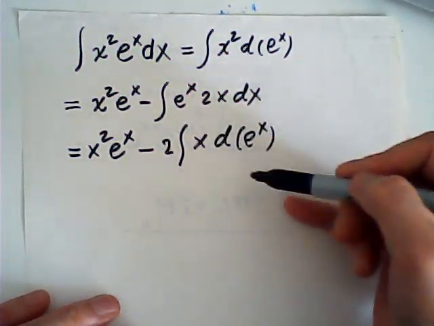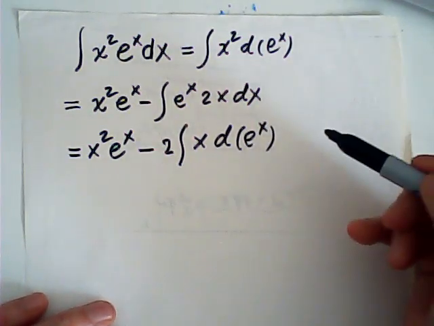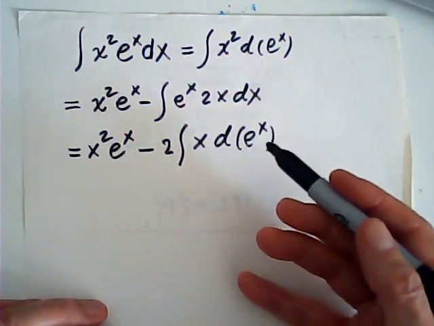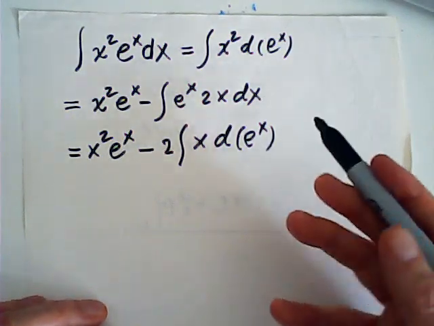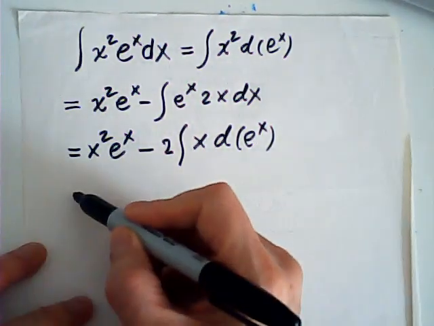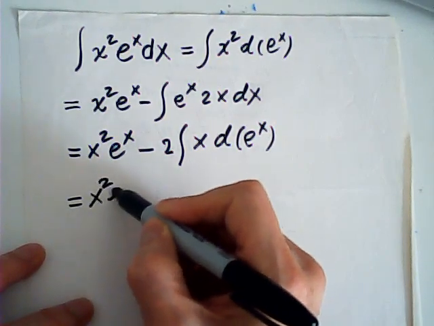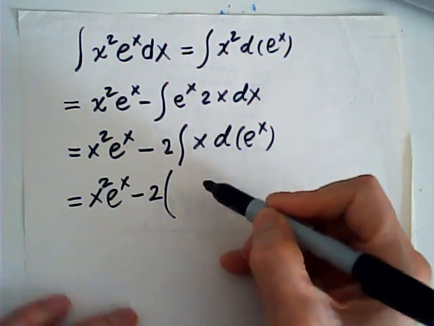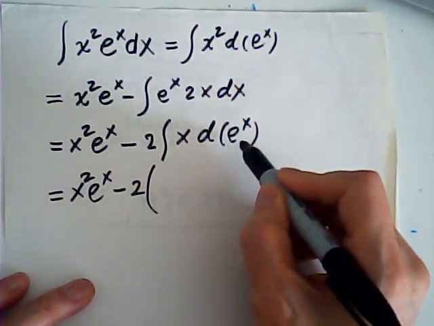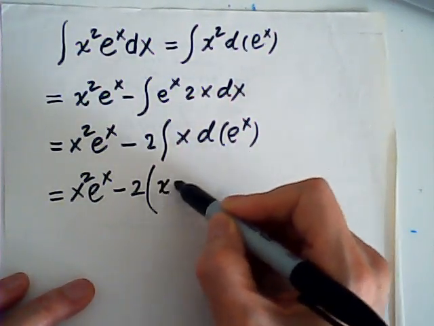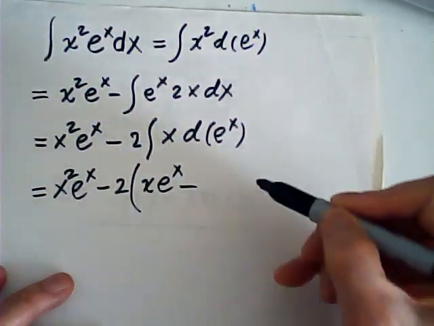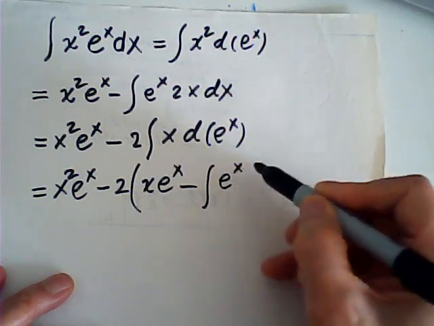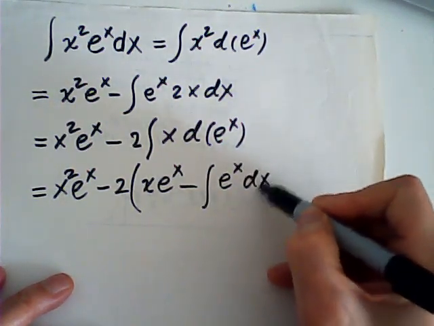So just change the form of writing. In this way, I don't have to show what is a v, what is a u. So obvious, this is a u, this is a v. So this is x squared e to the power of x minus 2 bracket uv, u and v minus the integral of v du. v is this. du is dx.